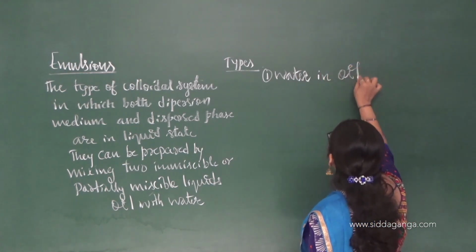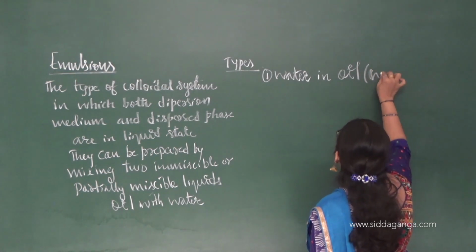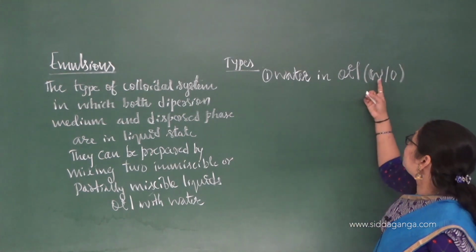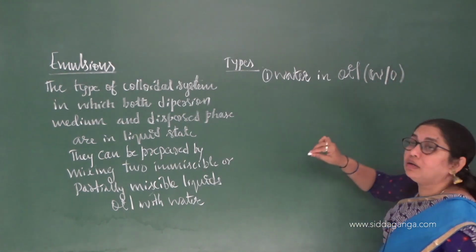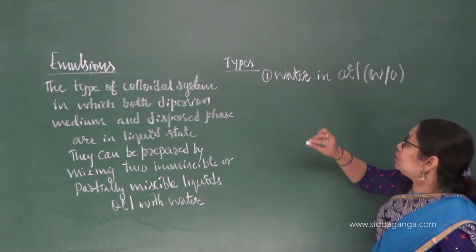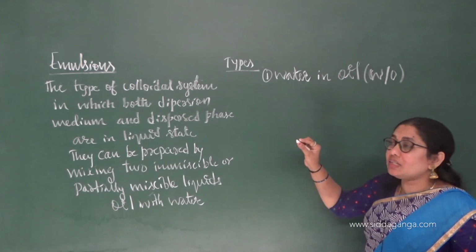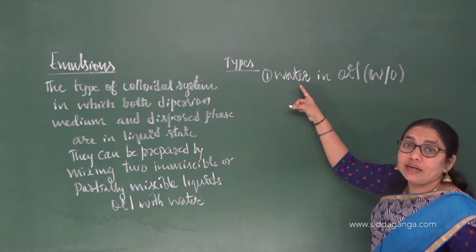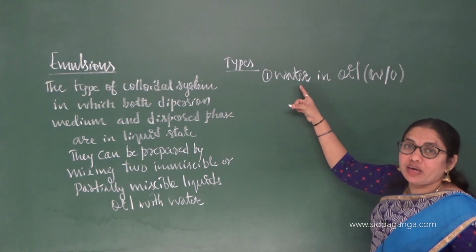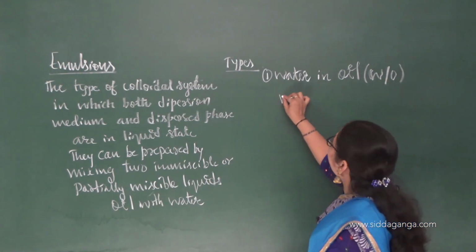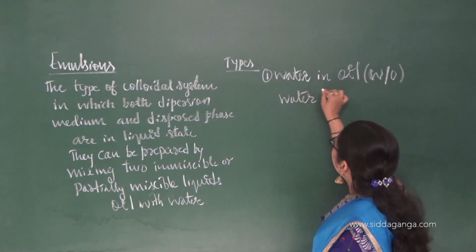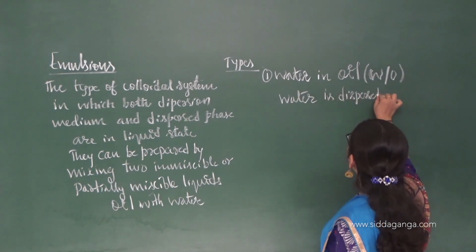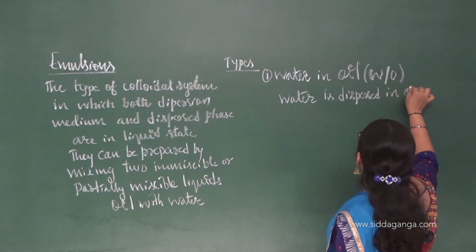How can you represent this? Water, that is W, in oil, like that you can write, and there is an interface between these two. Which is the dispersion medium and which is the dispersed phase? The one after 'in' is the medium, and what you add becomes the dispersed phase. So water is dispersed in oil.